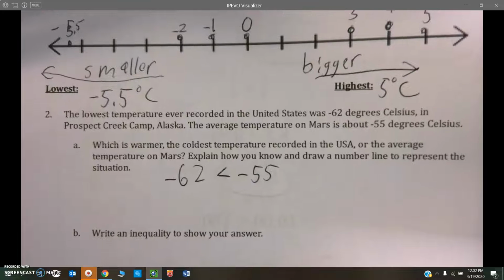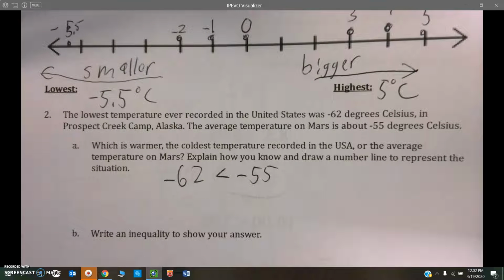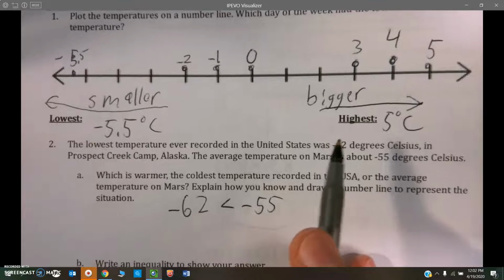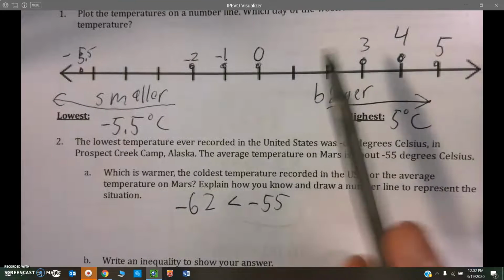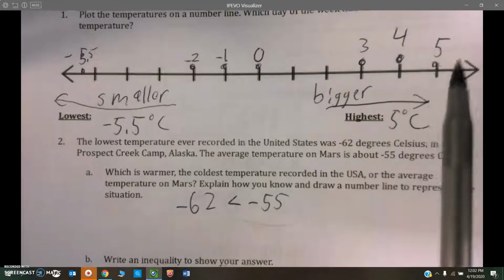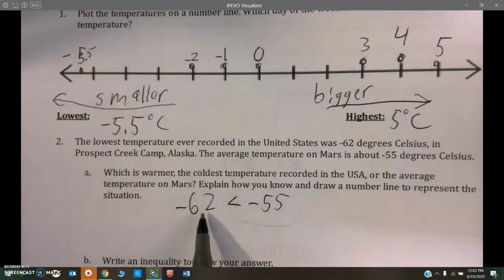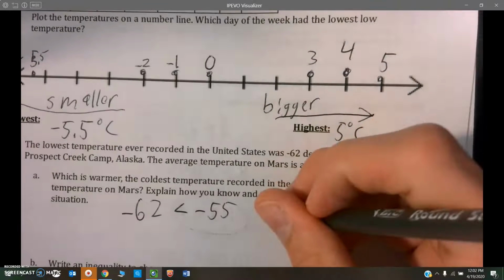So for negatives, it's kind of like the opposite of positive numbers, right? Like the bigger the digit for a positive number, the larger it is. The bigger the digit for a negative number, the smaller it is. So maybe we could write that.